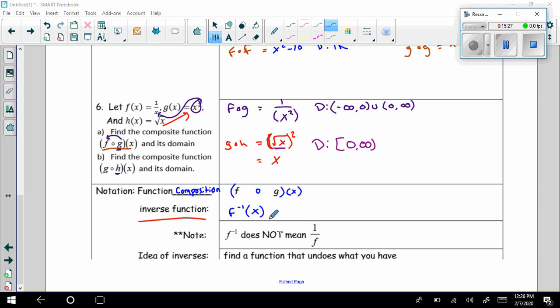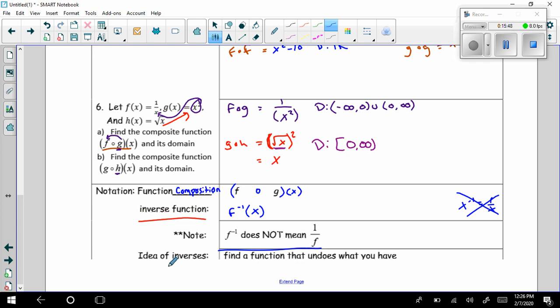What could be potentially confusing about this is this does not mean that we're flipping it, where with negative exponents, if you have like x to the -1, that means 1 over x. That's not what we're doing here. And so just ignore that.